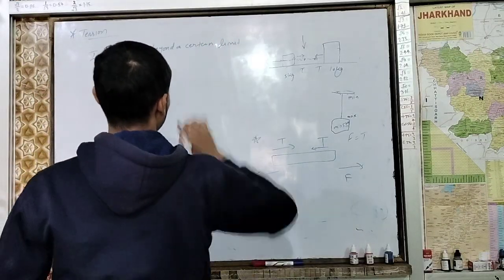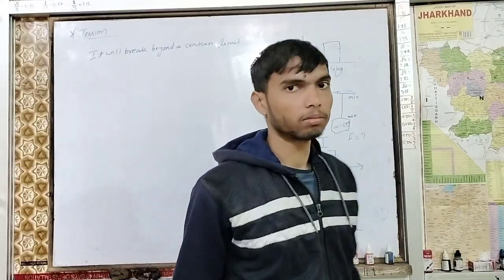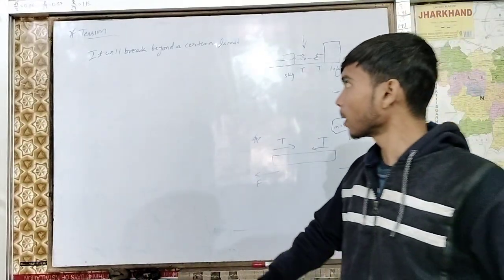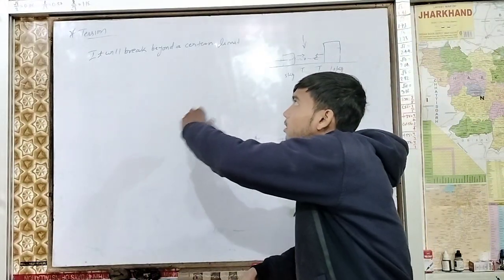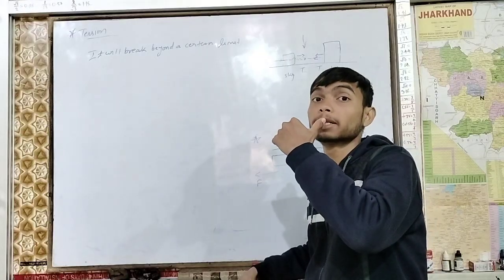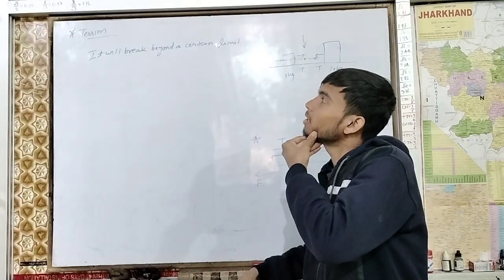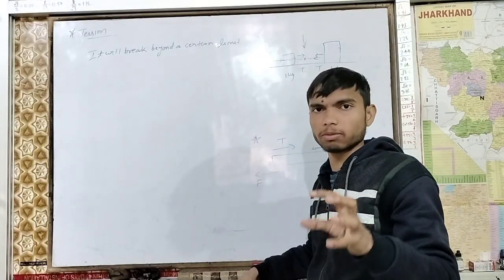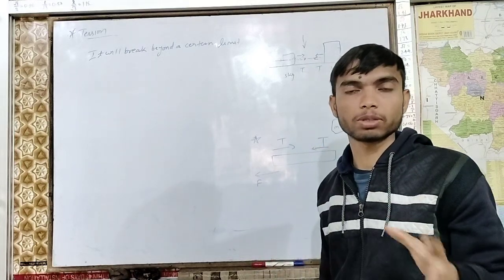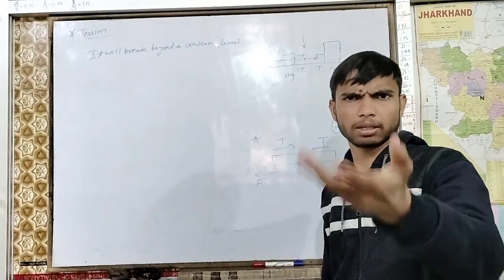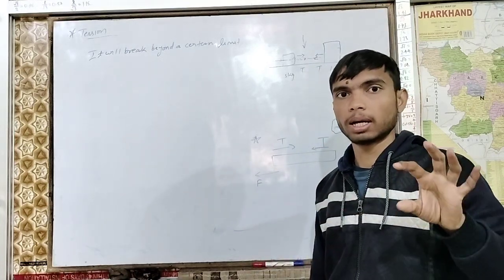Try to understand. Again and again I am repeating this sentence. Here beyond means ahead of a limited force. Whatever the maximum tension force the string can bear, beyond that the string will break.